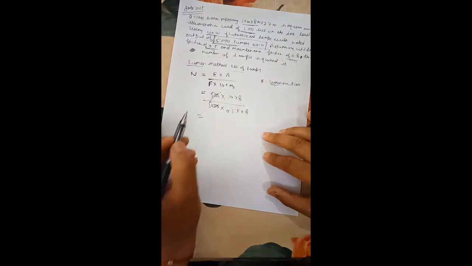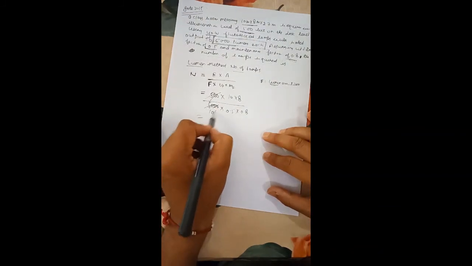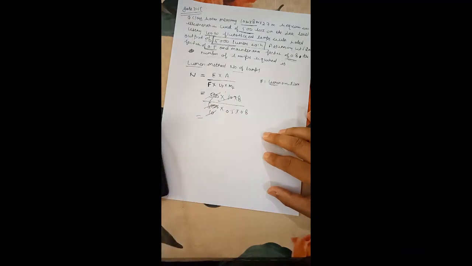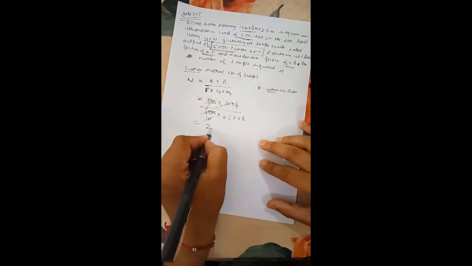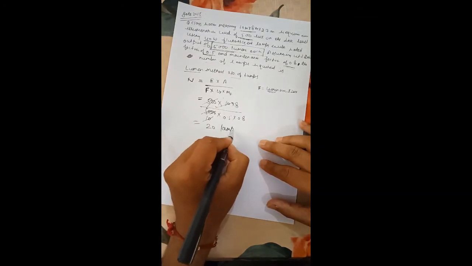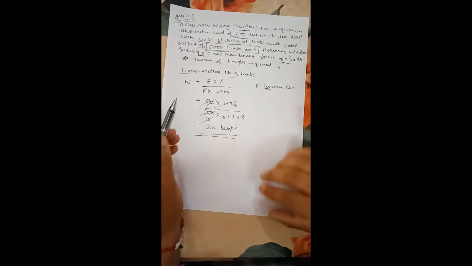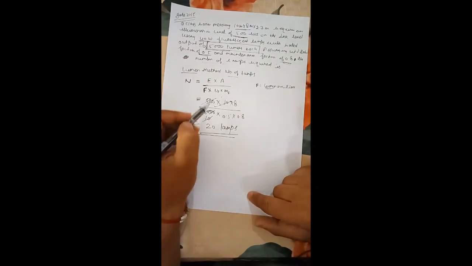Then by calculating this, 500 into 10 into 8 divided by 5000 divided by 0.5 divided by 0.8, we get 20 lamps. So now we have calculated the number of lamps.